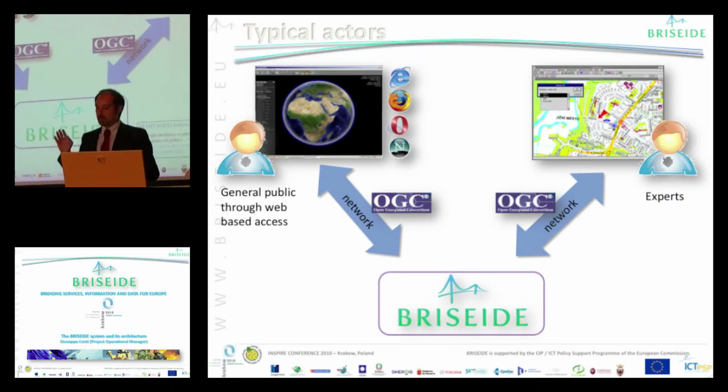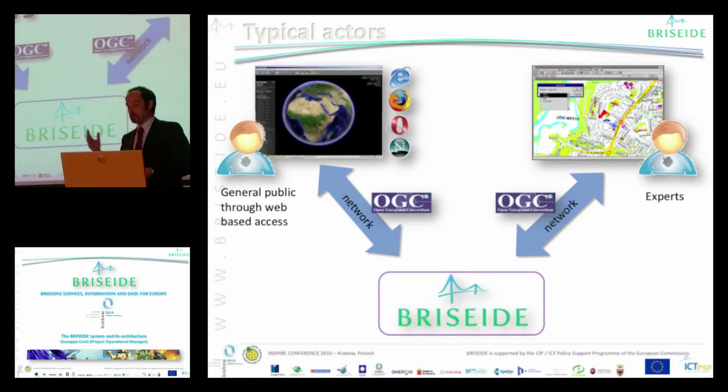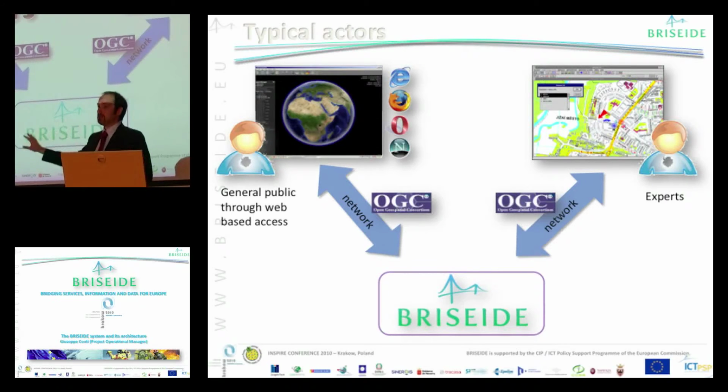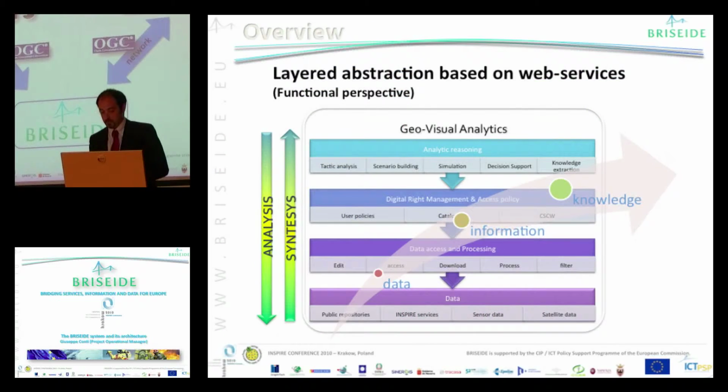And the scenario, if we want to see it in terms of actors, we will see on the one hand the general public, for instance, that will be able to access data through the geo-browser, for instance, a specific map that might be created for public use, for public interest, and then operators accessing BRISEIDE through their technologies or through the geo-browsers.